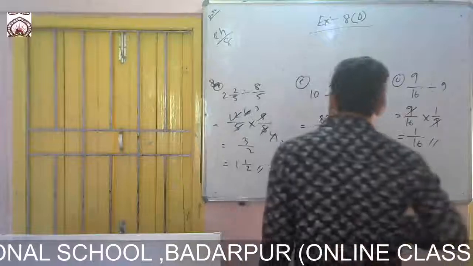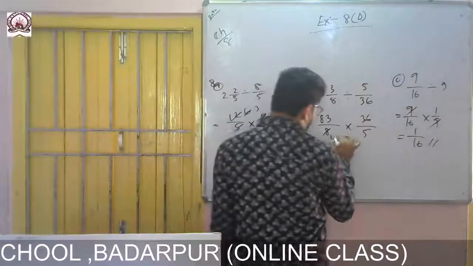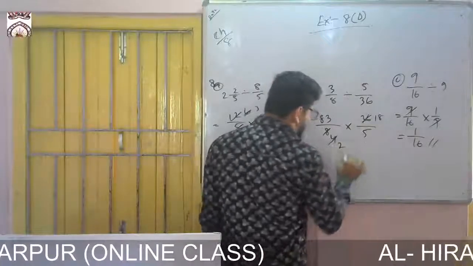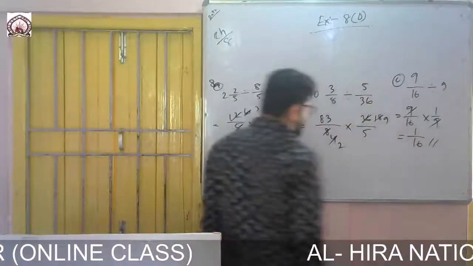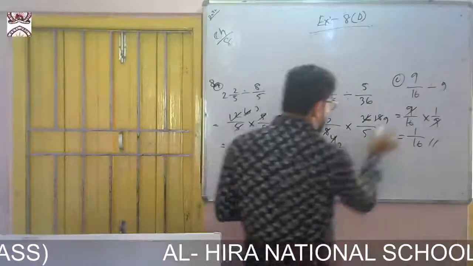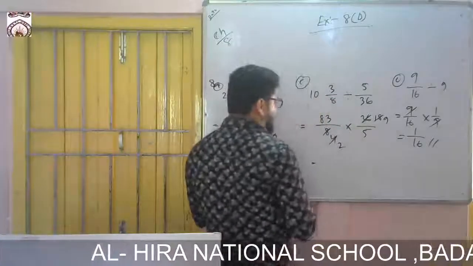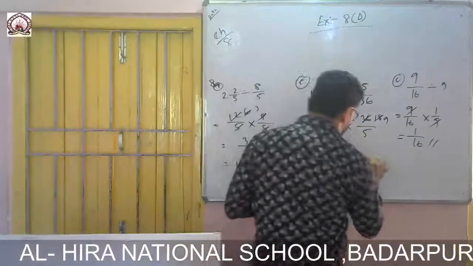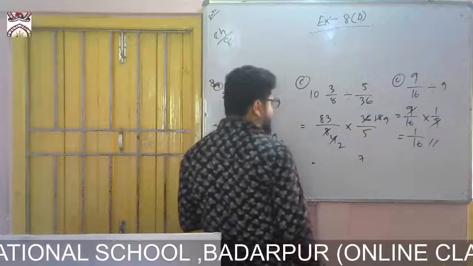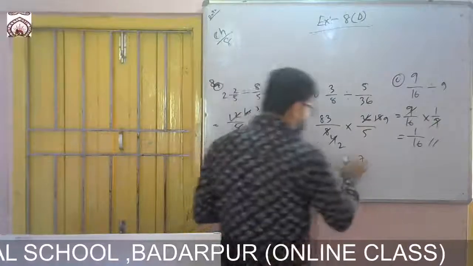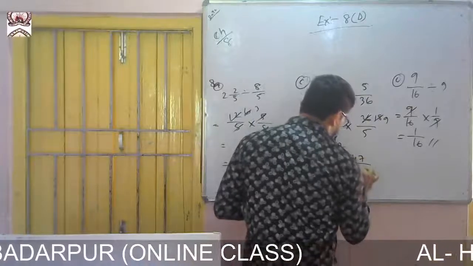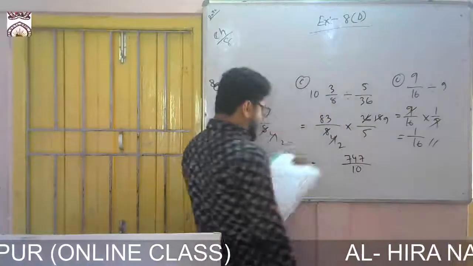Now you see this one I can cancel. 4 2s are 8, 18 2s are 36. Again 2 2s are 4, 2 9s are 18. So this one will be 83. Now I cannot divide further. So 9 3s are 27, remain 2. 8 9s are 72, 73, 74. By 5 2s are 10.